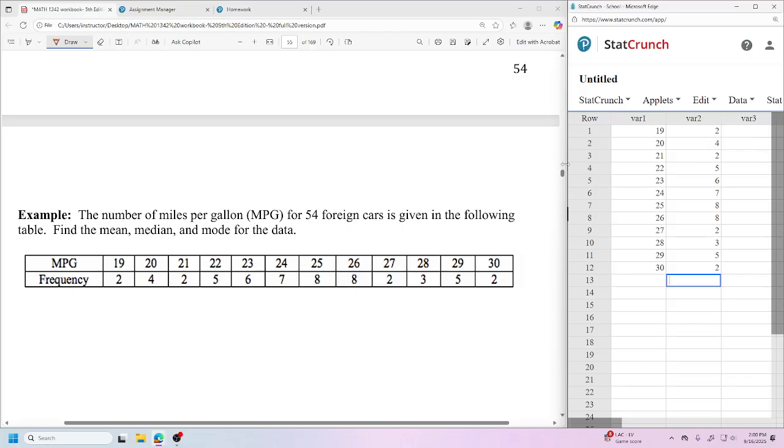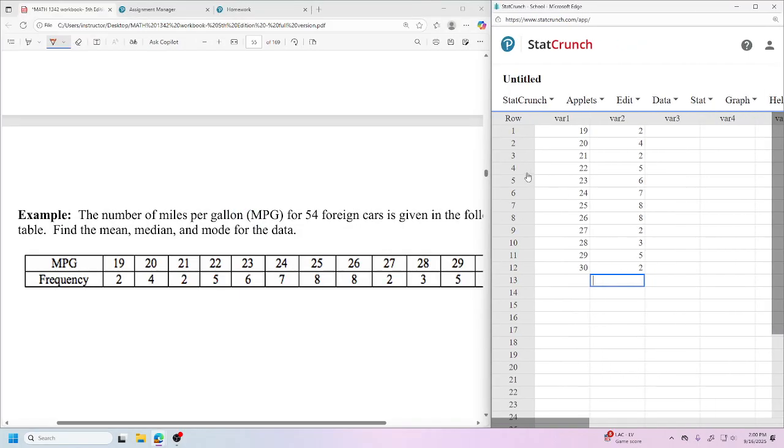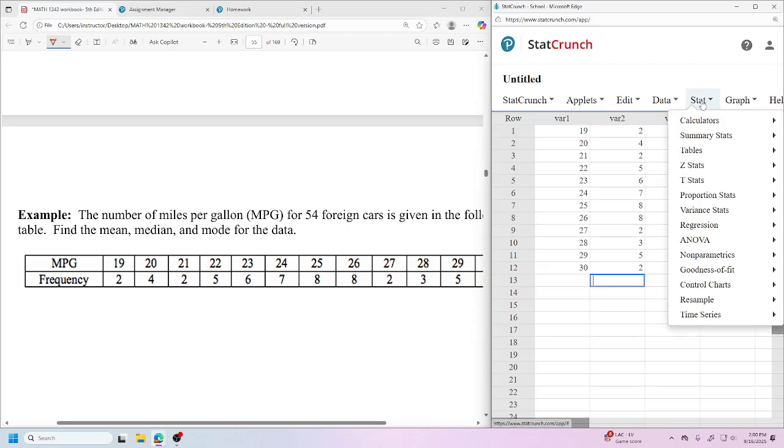So I need to put all this in and get an answer. So summary stats, columns? Well, kinda. See, what we're doing is now we have two columns. And I want to mush them together. So there's a new way to go just for this, very specific: group bin data. So if you're writing stuff down, like, hey, where do I go in StatCrunch? This is it right here.